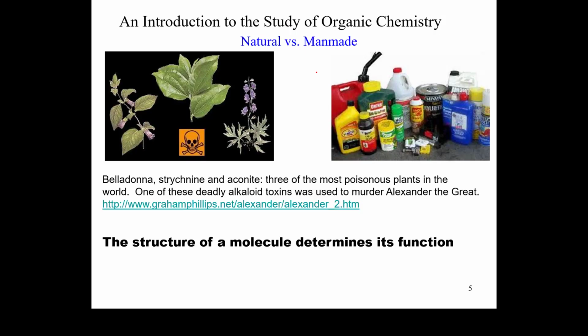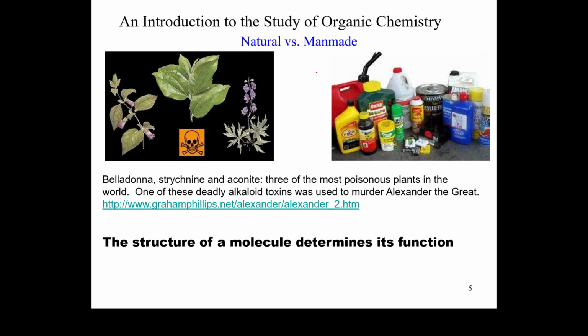But there are also a lot of organic molecules that are not as helpful as the ones I just showed. Just because something comes from nature and is organic, we're not talking about the organic in the vegetable aisle at the grocery store. We're talking about our definition of carbon-bearing molecules. There are plenty of carbon-bearing molecules that you would not want to ingest simply because they are quote-unquote natural. Examples are belladonna, strychnine, and aconite.